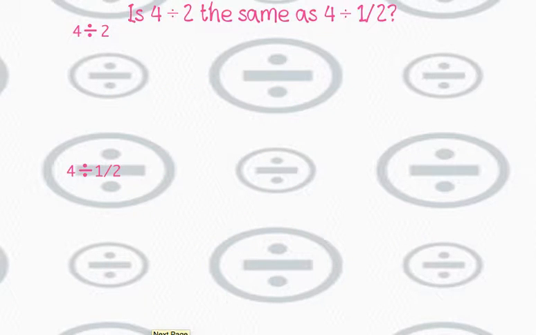First of all, I want to take a look at what it actually means when you're dividing and when you're dividing by a fraction. It's really hard for us sometimes to understand that division and multiplication can work synonymously. So if you take a look at 4 divided by 2, what I'm going to do is take 4 pieces.